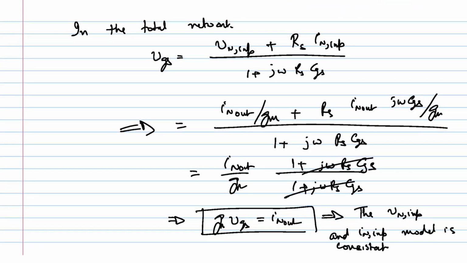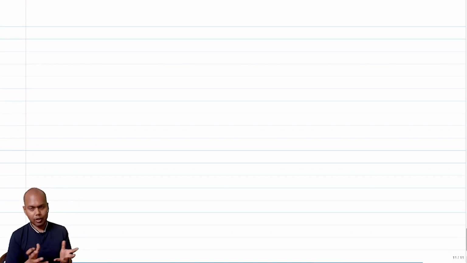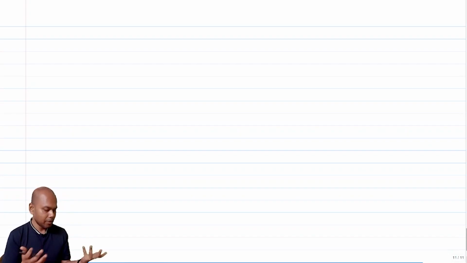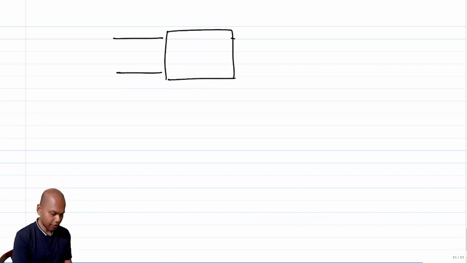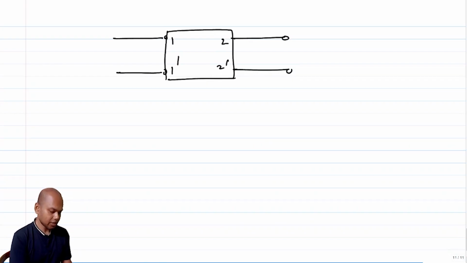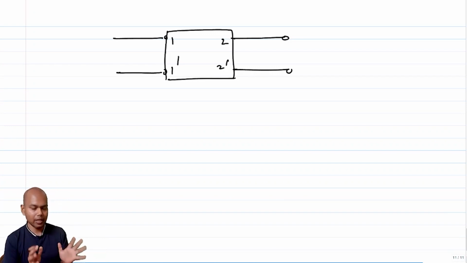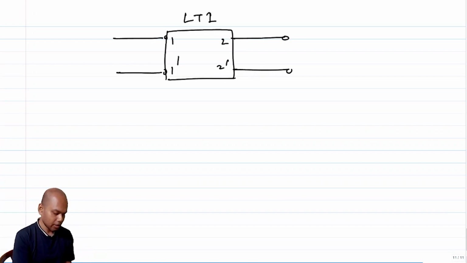Correct? So, to cut a long story short, I took the example of a transistor, but in general, if you have a two-port network, where you have an output port, let's say 2 dash, and an input port 1 dash, and you have noisy elements inside this two-port network. It's an LTI based two-port network with the noise sources inside.